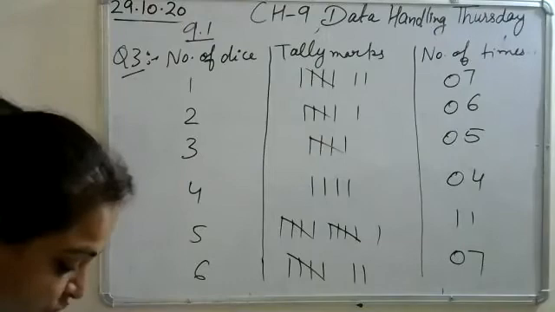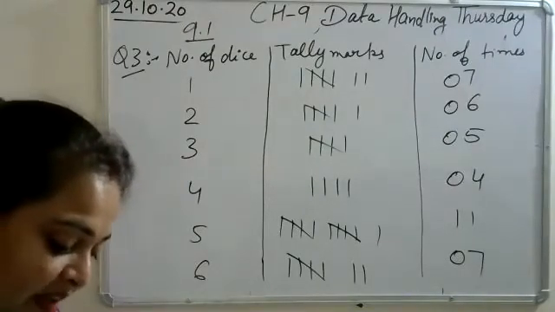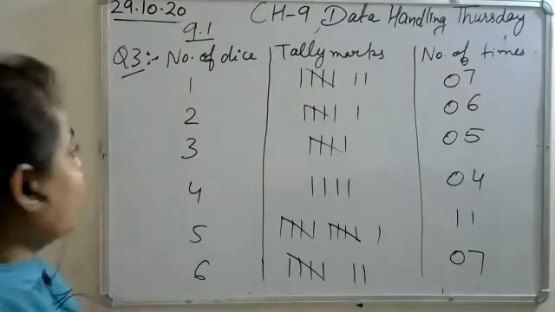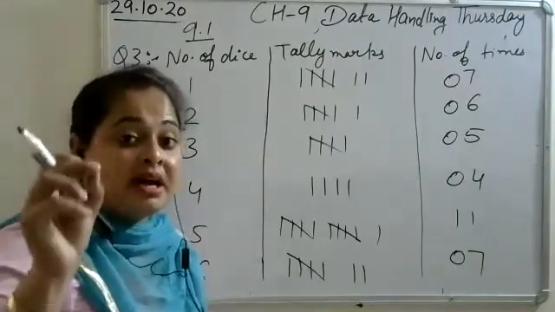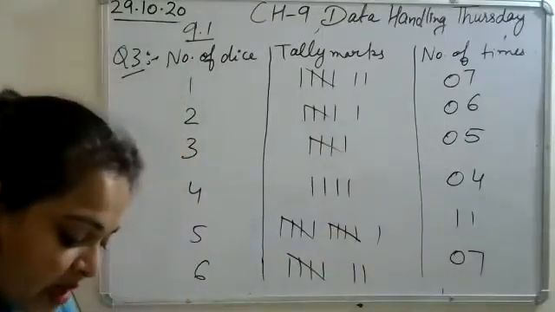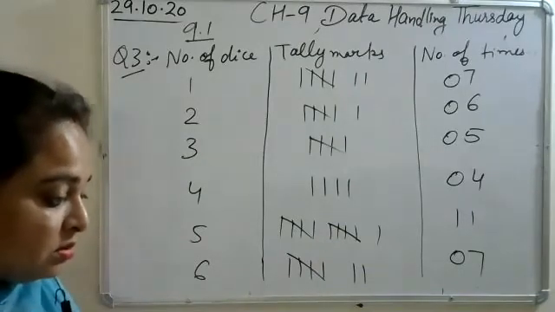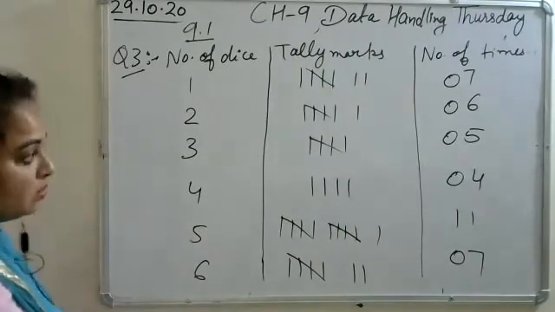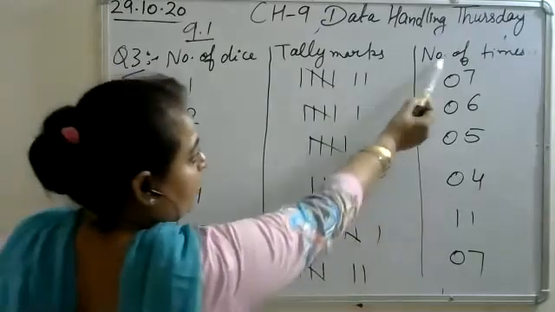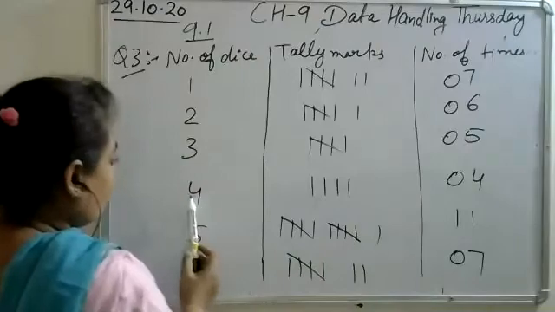After that the question is, find the number that appeared minimum number of times. बेटा कौन सा नंबर है जो मिनिमम आया, सबसे कम आ रहा है? Tell me which number will come minimum number of times. ये देखो नंबर ऑफ टाइम्स, ये सबसे मिनिमम है और ये किसका आंसर है? 4 का.